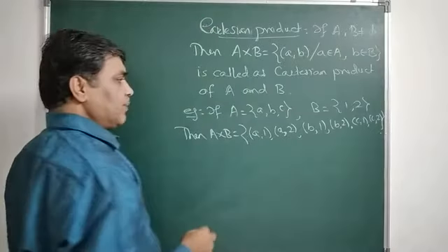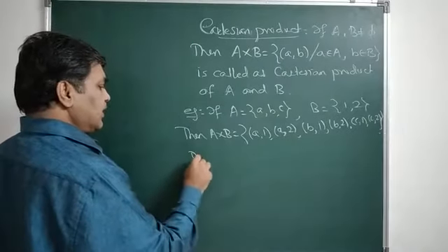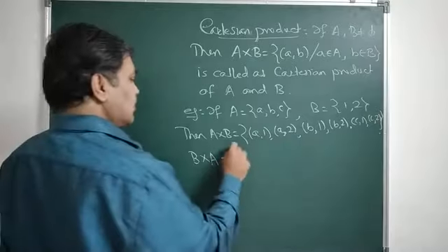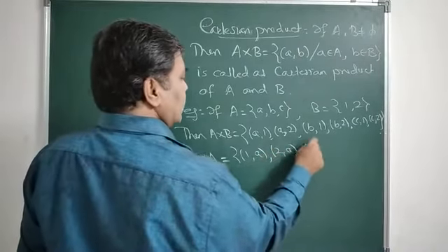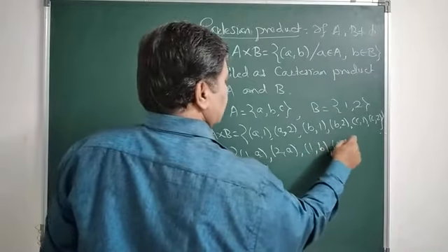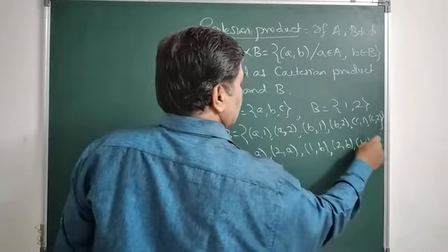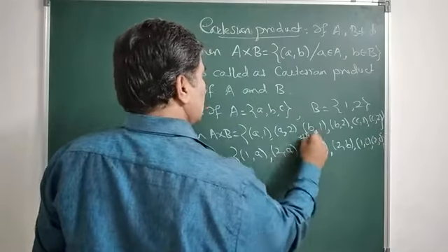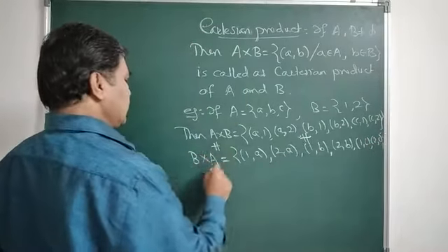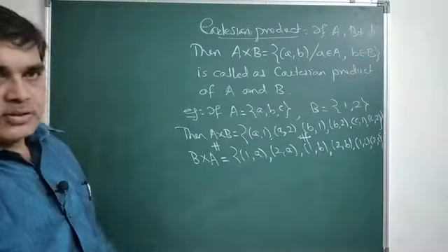There are 6 elements. B cross A also contains 6 elements: (1,a), (2,a), (1,b), (2,b), (1,c), (2,c). So from this, these two are not equal, meaning A cross B is not equal to B cross A.